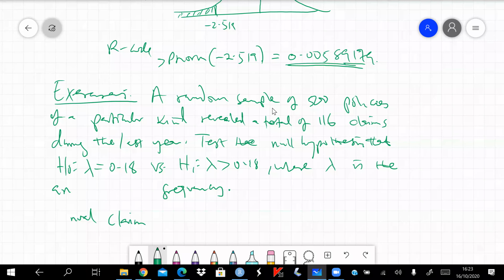You are asked to test the null hypothesis that lambda is equal to 0.18 versus H1, that lambda is greater than 0.18, where lambda is the annual claim frequency.